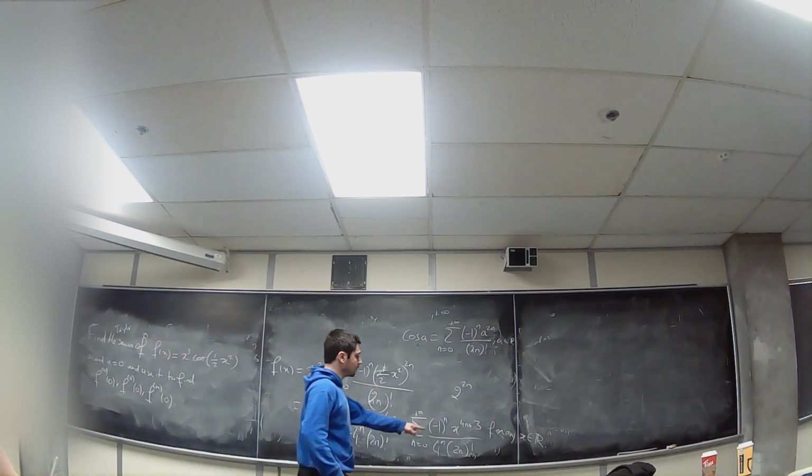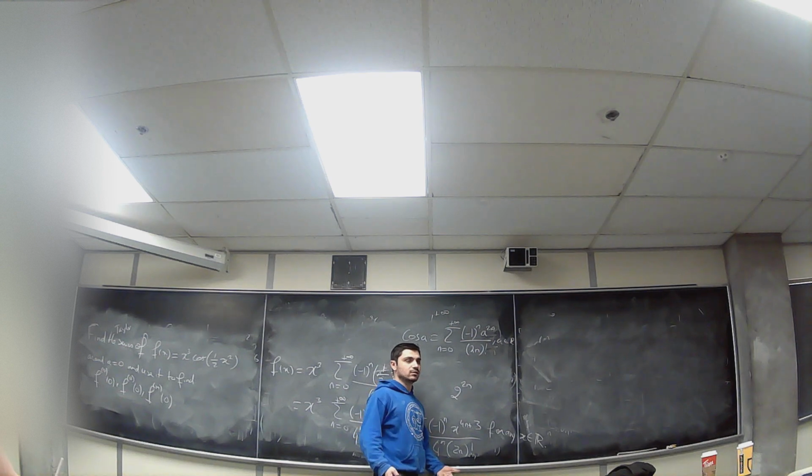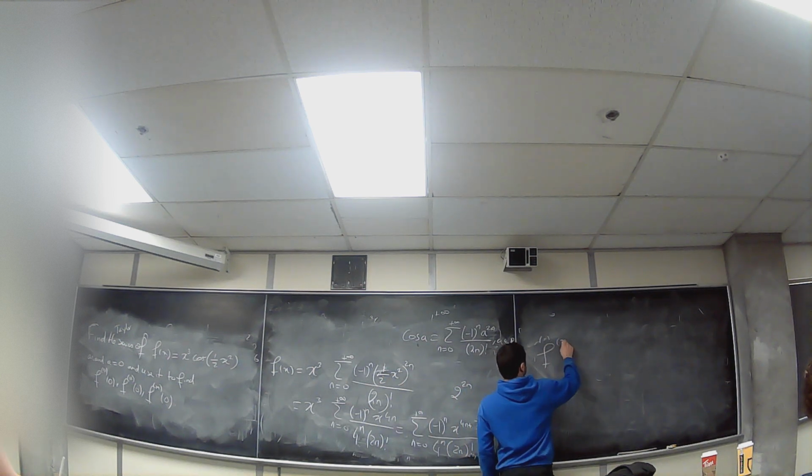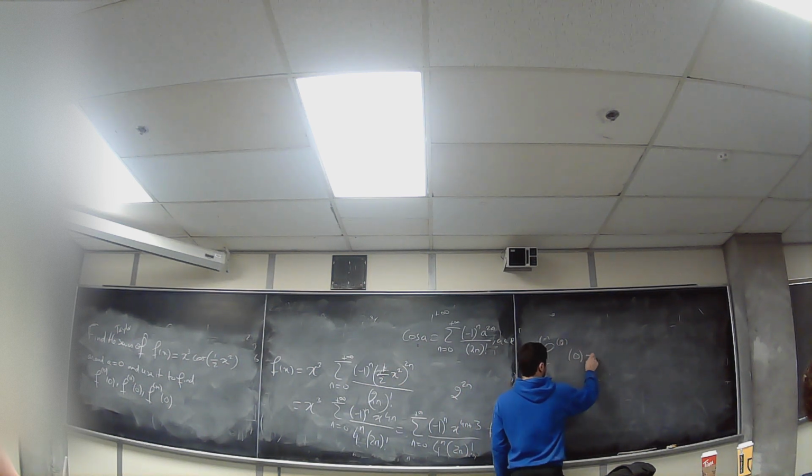What is the coefficient of x to the 18 in that case? 0. Why? It doesn't exist. There's no integer n that gives me 4n plus 3 equal to 18. If I solve 4n plus 3 equals 18, do I get an integer? No. So what is the 18th derivative of f at 0? 0. Agree? So far so good.